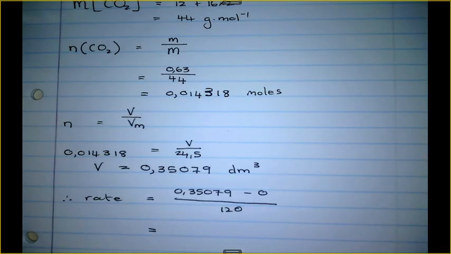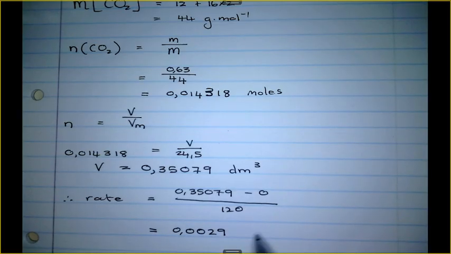If you round too early, guys, your answers are going to be out. Oh, 0,0029 and change. I think the answer they're looking for is 0,003, and they're looking for it in cubic decimeters per second.